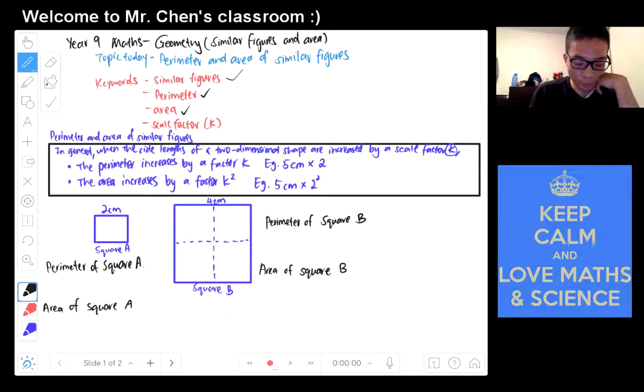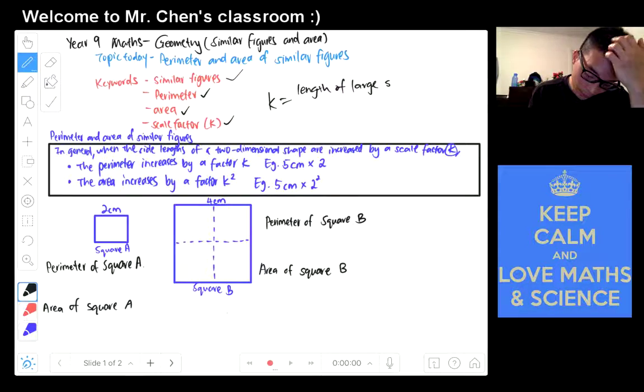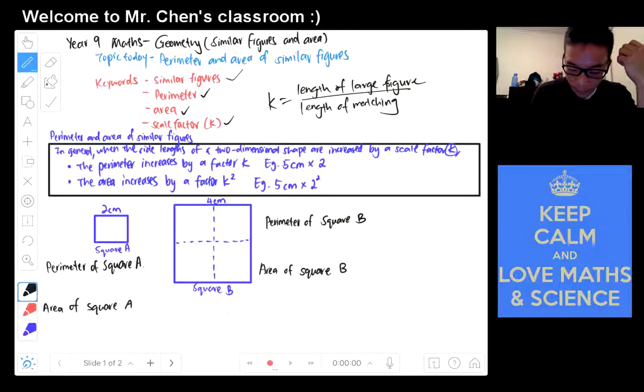And scale factor, from the last videos we know scale factor is equal to the length of the large figure over the length of the matching small figure.